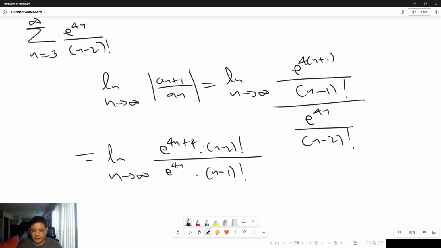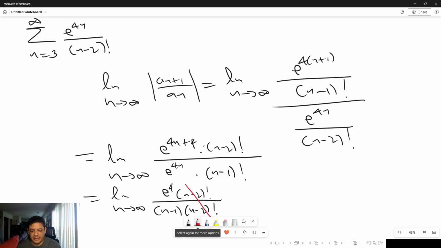Now, notice that we can cancel certain terms. Of course, e to the 4n gets canceled, and I get an e to the 4 here. And now this (n minus 2) factorial is actually the smaller term. And in the bottom, I can see this as (n minus 1) times (n minus 2) factorial, since n minus 2 is less.